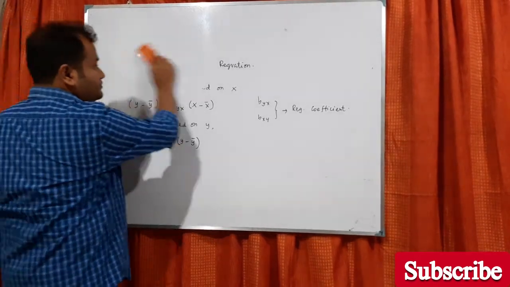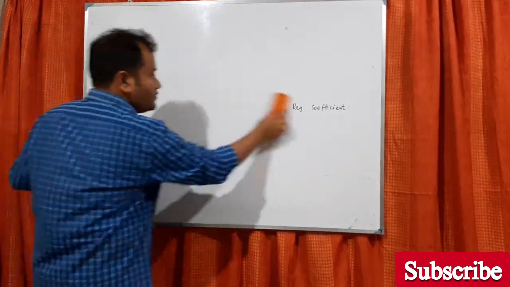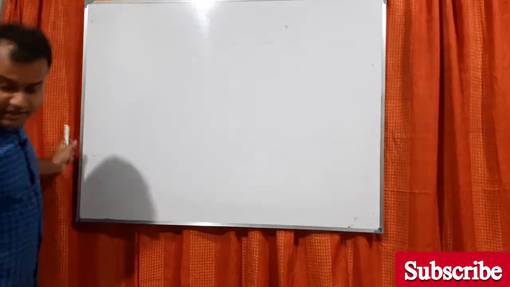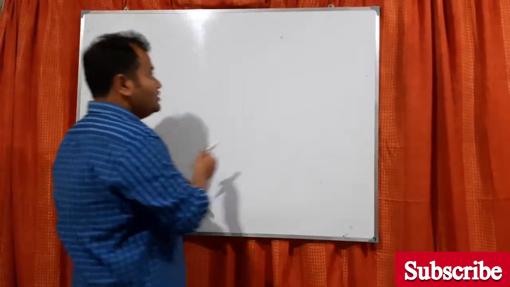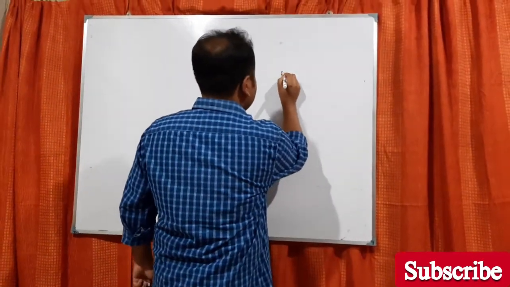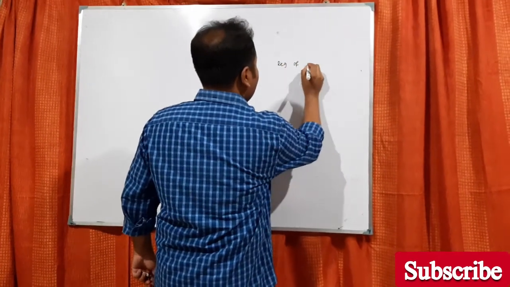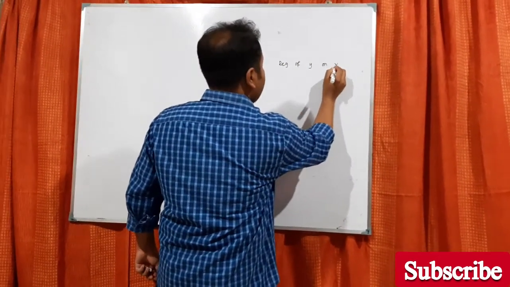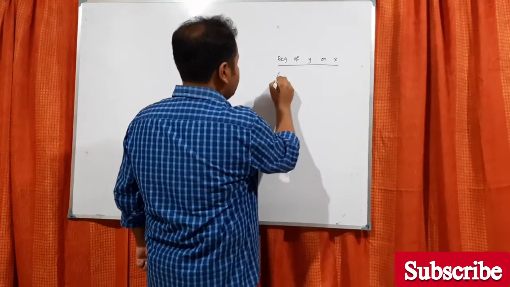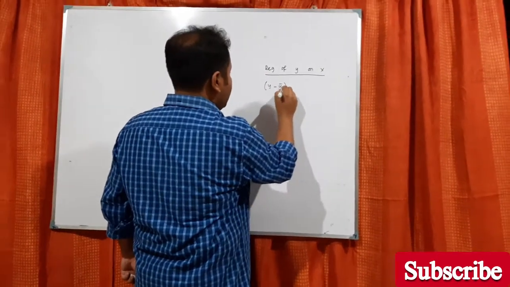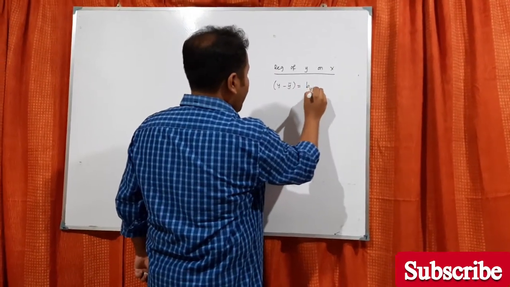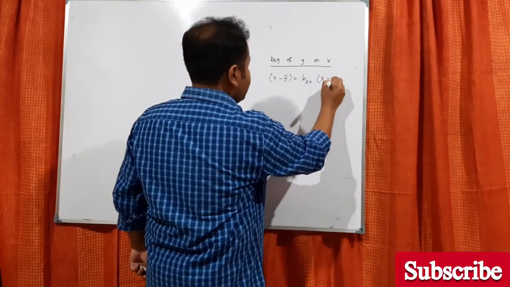Now a brief recall. The regression of y on x is y minus y bar equals b_yx times (x minus x bar).